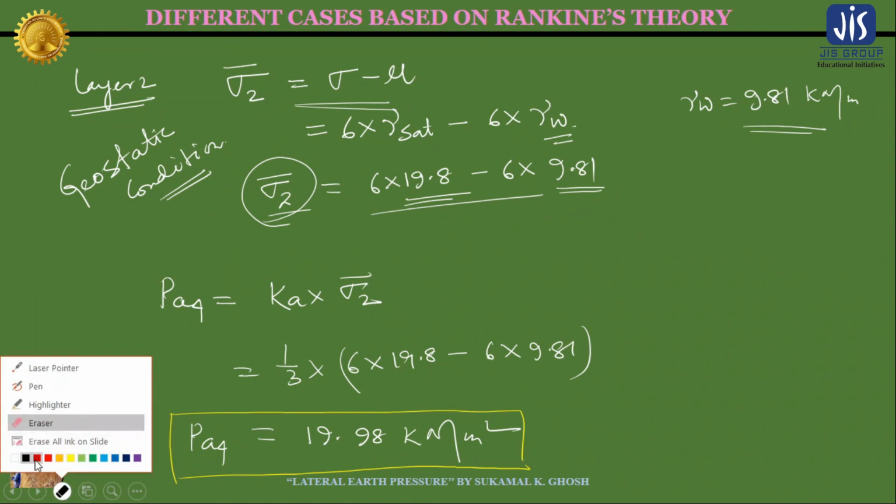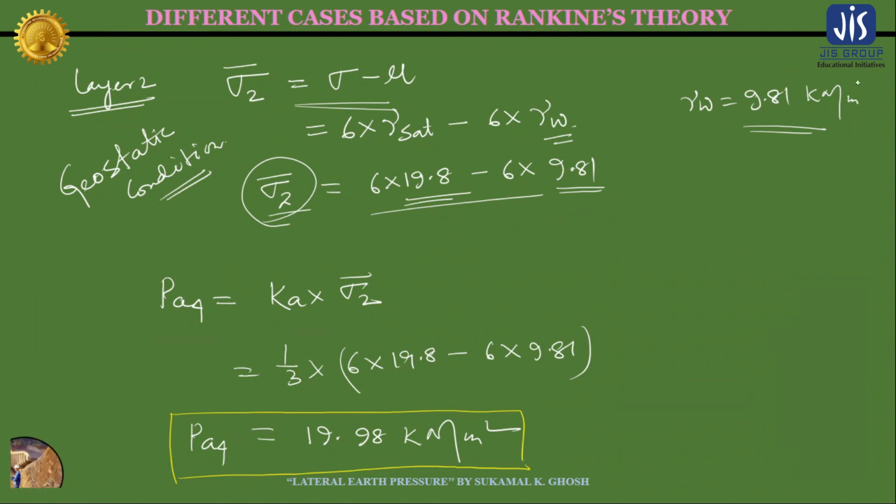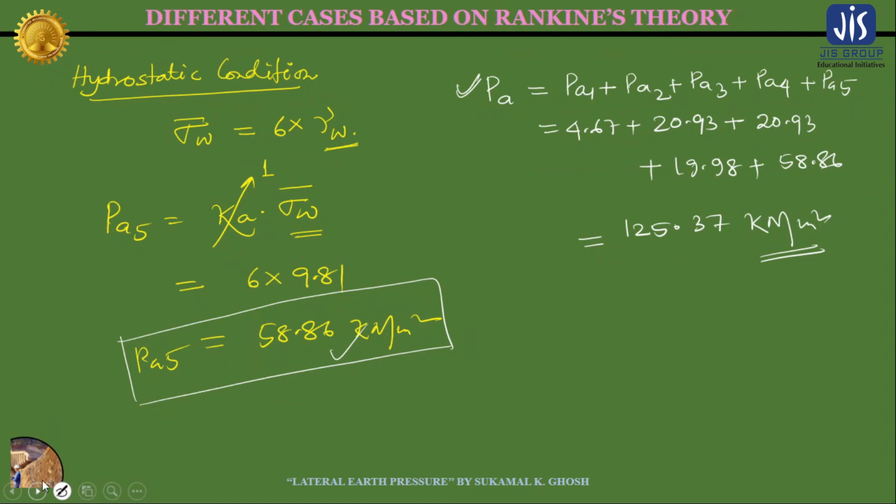By putting the value of this effective stress we get the active earth pressure for the geostatic condition, and in the same way we also calculated the active earth pressure for the hydrostatic condition.